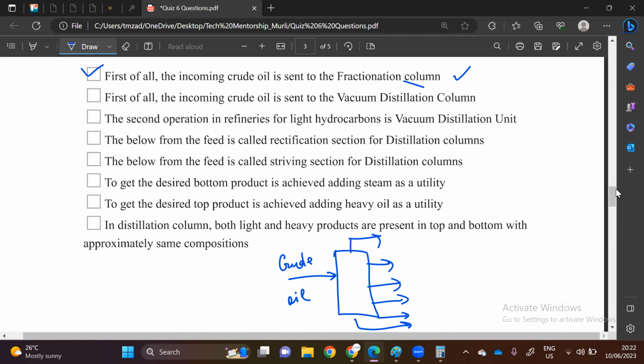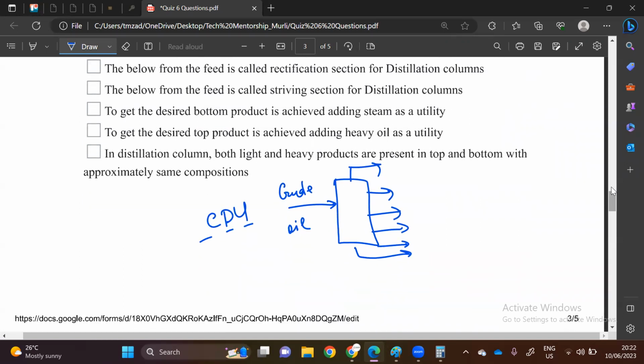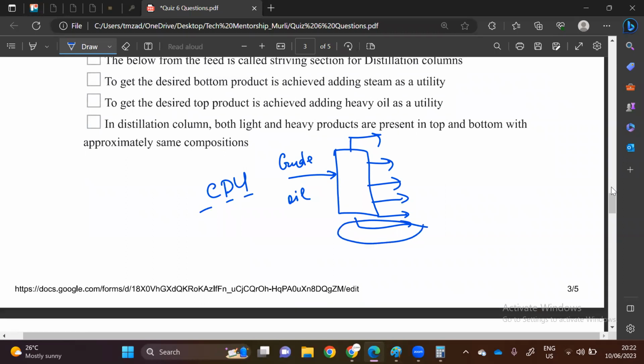First of all, the incoming crude oil is sent to the vacuum distillation unit. This is incorrect because, as we said, the first one is the crude distillation unit, the fractionation column itself, CDU briefly. The next step, to send these heavy hydrocarbons like asphaltene, bitumen, in order to process them, we are sending them to the vacuum distillation unit, VDU.